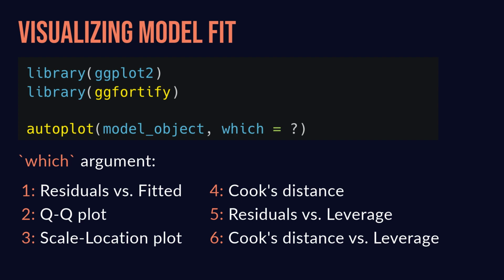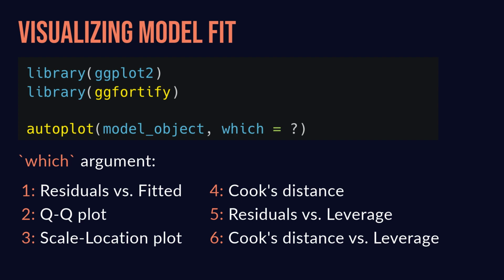Instead of looking at values, we can generate some plots that will help us visualize and quantify our model. To make these plots, we will need the ggfortify package. Once you have installed and loaded the package, you can use the autoplot function to create several plots. The autoplot function takes the model object and another argument called which that will specify the plot you want to make.